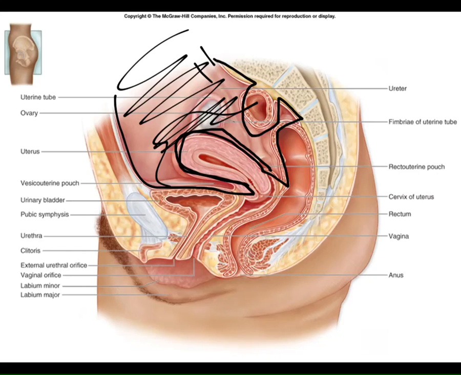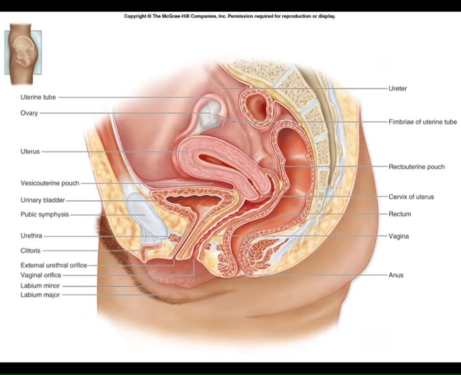Absolutely. So let's take a look at some of the structures here, just as a quick review. I point, you tell me what I'm looking at. Clitoris. Let me get to a different color here. The smaller fold of skin, internal, more the minor labia and the major labia. This opening is the anus, right? Here the vagina, and here the urethra.